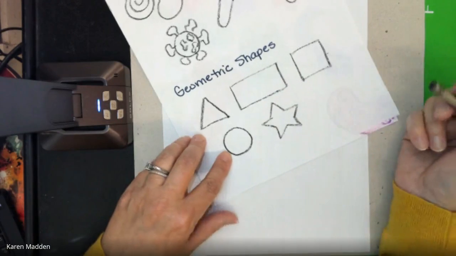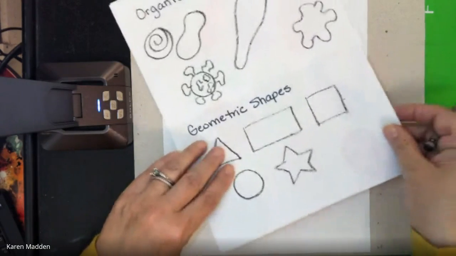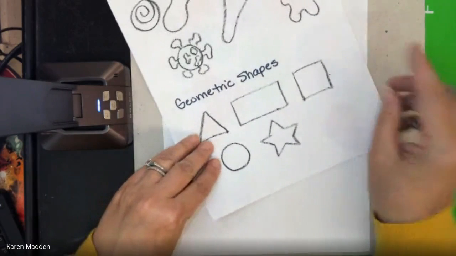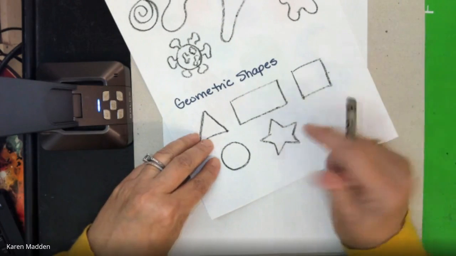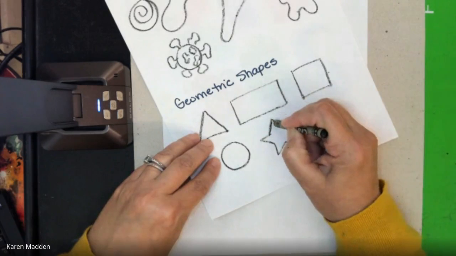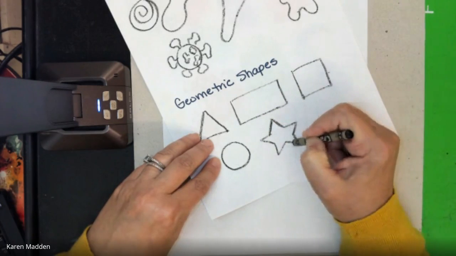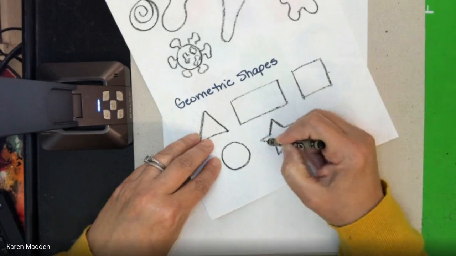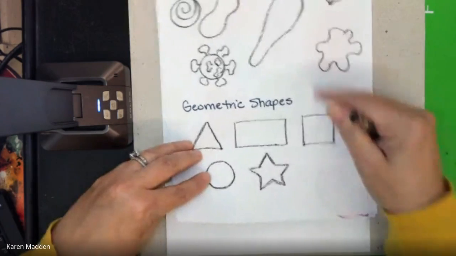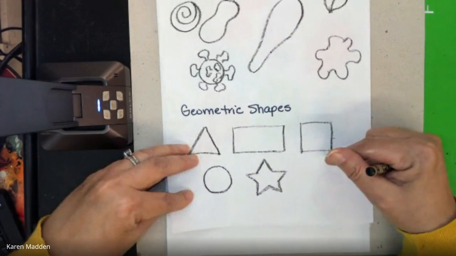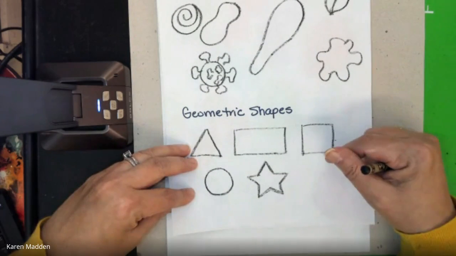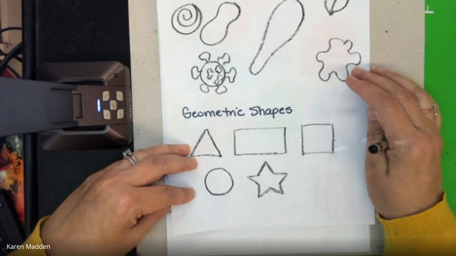It's one of those question ones. Have you ever noticed a starfish at the beach? Sometimes a starfish is an organic shape. Sometimes when it's drawn very precisely like this, we might consider it a geometric shape. So there are some shapes that fall in both areas. Organic shapes, again, are shapes that are found in nature.